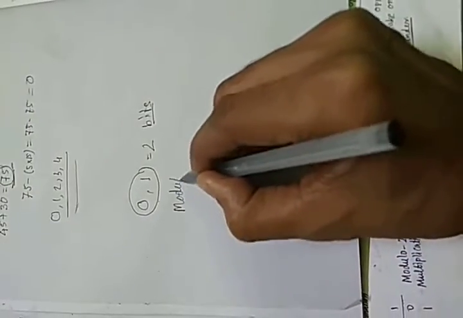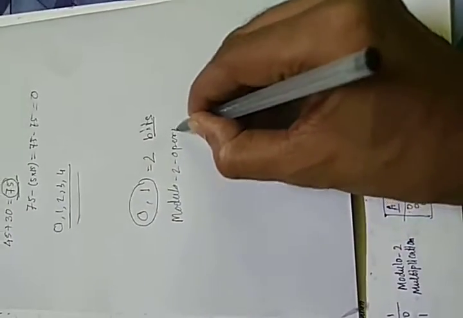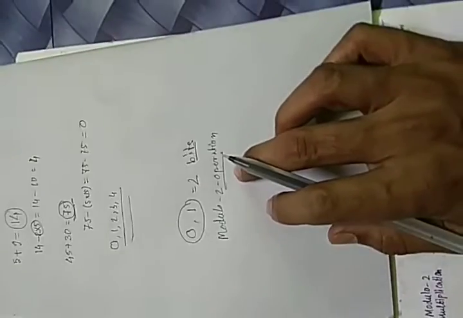So binary number means we will go for the modulo 2 operation, because we have only two terms in binary system, that is 0 and 1. So when there are only 2 digits, only 2 bits, then it will be modulo 2 operation. This modulo 2 operation is very helpful.